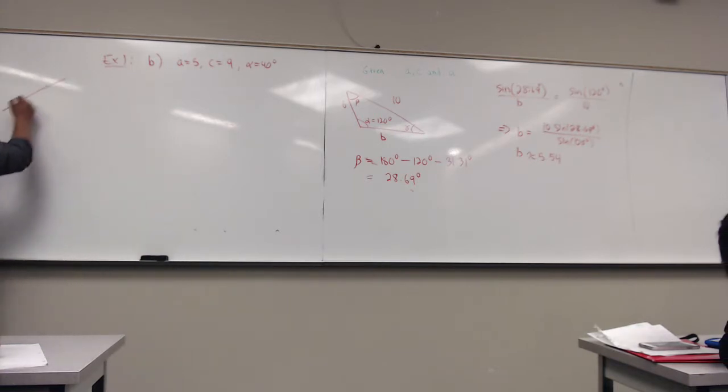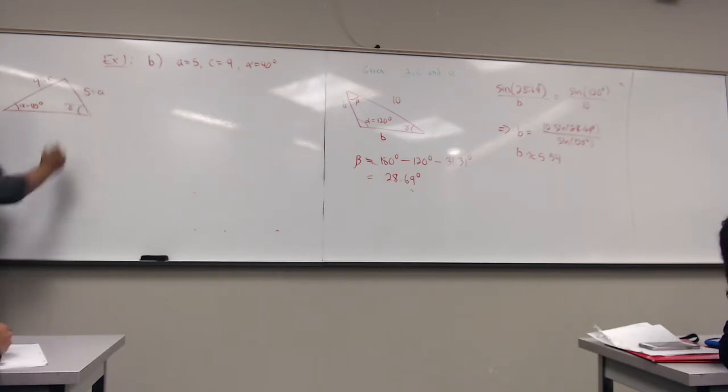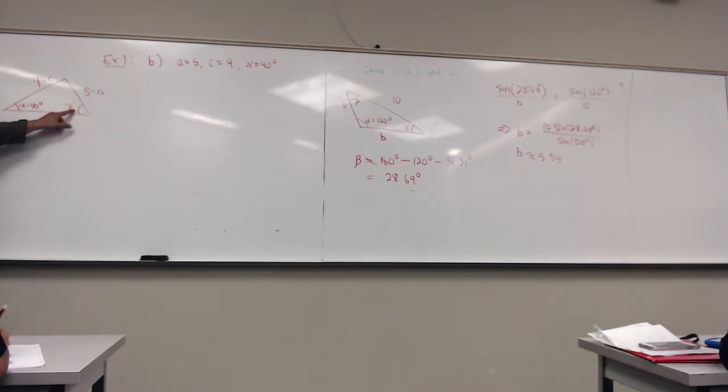So again, if you draw your picture, it helps you at least know what the sides are. This time alpha is acute. The side opposite has length 5, and then gamma is in the lower right, and the side opposite gamma is C, which has length 9.